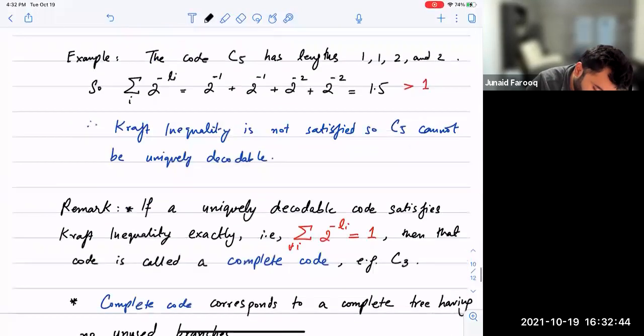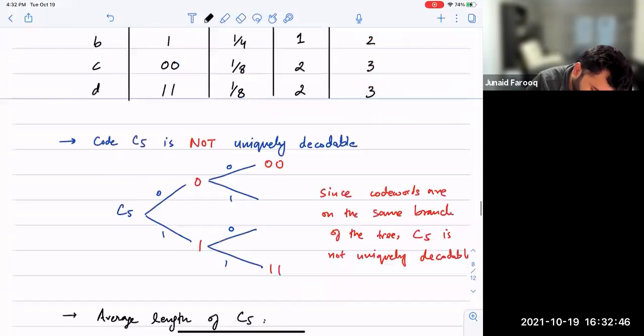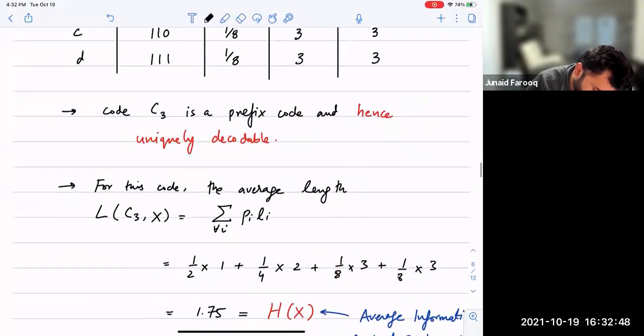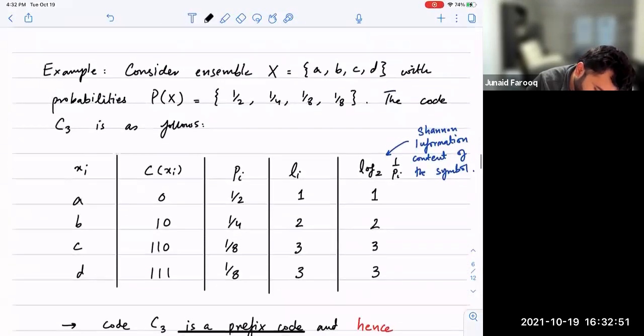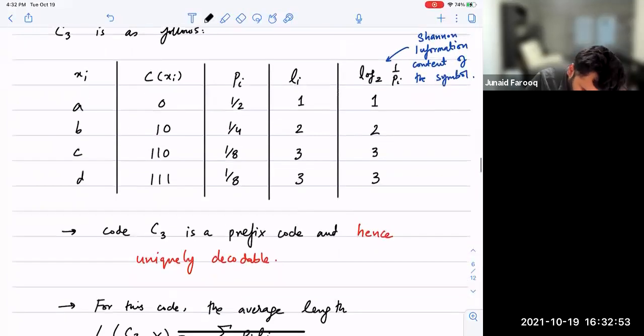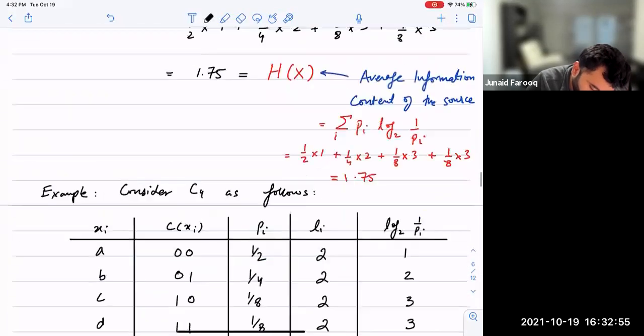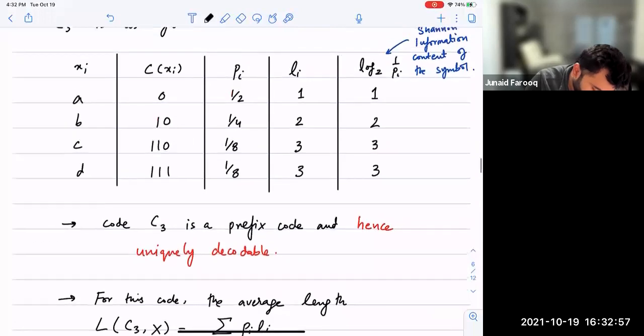So if you look at the C3, that's a code which doesn't have any unused branches.